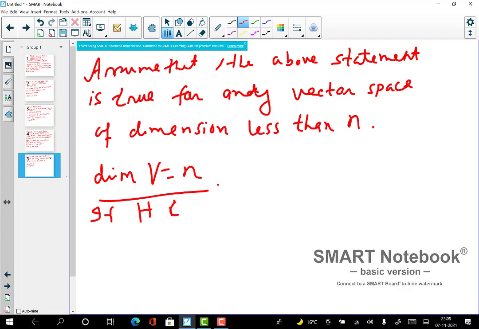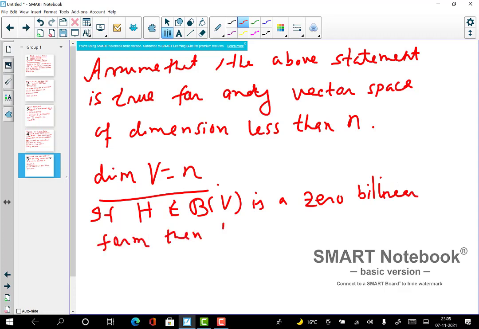So if H belonging to the space of bilinear forms on V is a zero bilinear form, then it's obvious, right? Because then the matrix will be the zero matrix which is diagonal, right? Then the theorem is trivial.